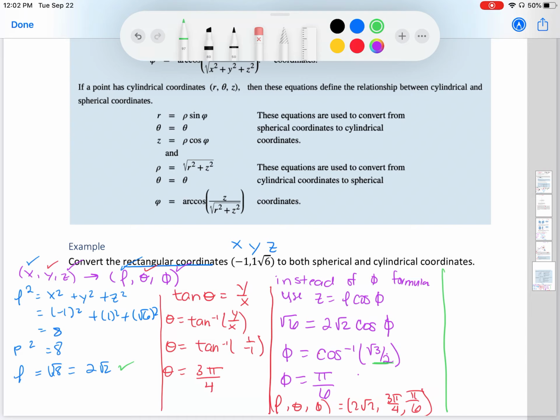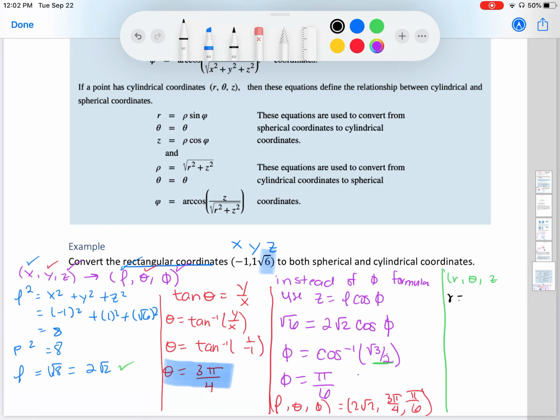So that was spherical. Now for cylindrical, I want the values r, theta, and z. Okay, well, we already have r. No, we're missing r. We already have theta. Theta's right here. And z, well, z is the same as our rectangular coordinate z. So our only missing value is r. You can use any of your values or equations above to find r. You have about 2 or 3 options to consider.